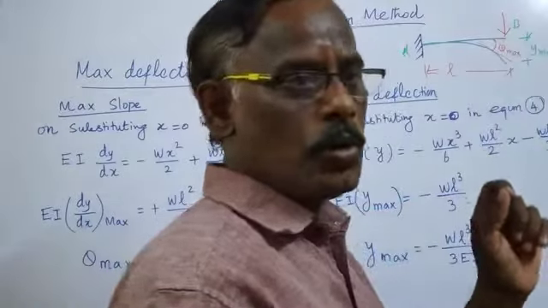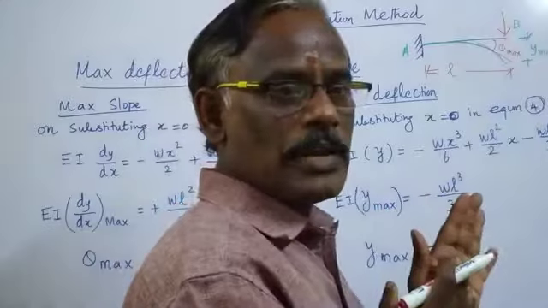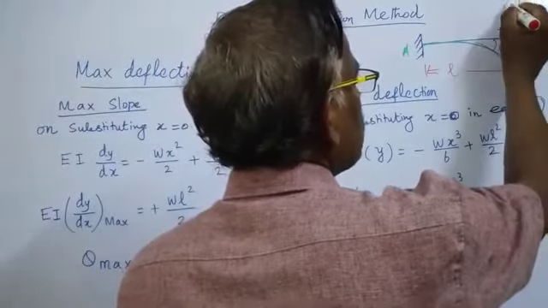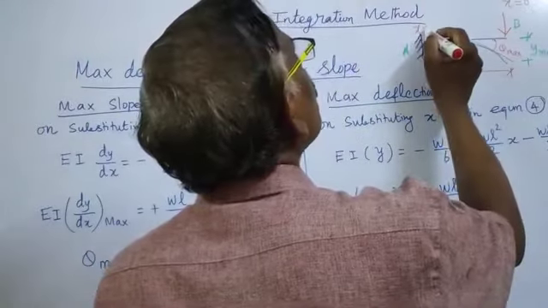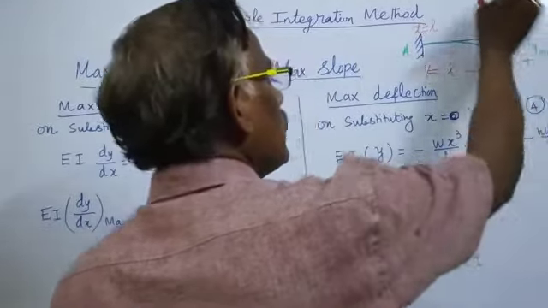As I already told, this is the starting point. In the case of a cantilever beam, the starting point is the free end, that is x equal to 0 here. Here, x is equal to L. So, at the free end, x is equal to 0.